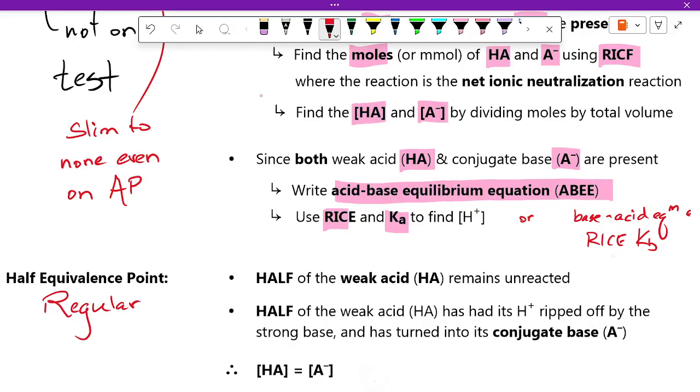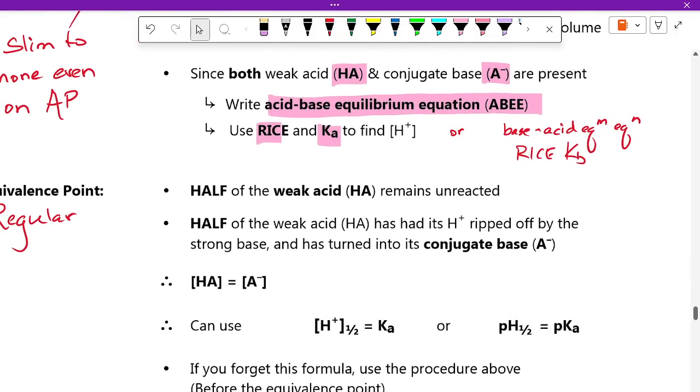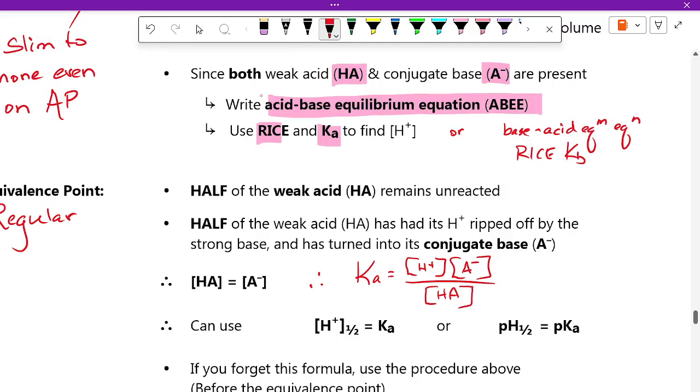Where we know that at the half equivalence point, HA is equal to A minus, and therefore, when you have your Ka, that's equal to H plus times A minus over HA, and when this is true at the half equivalence point, these two cancel out and you are left with H plus equals Ka, or pH equals pKa.